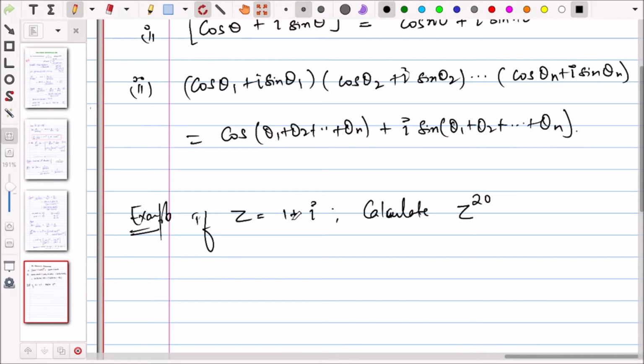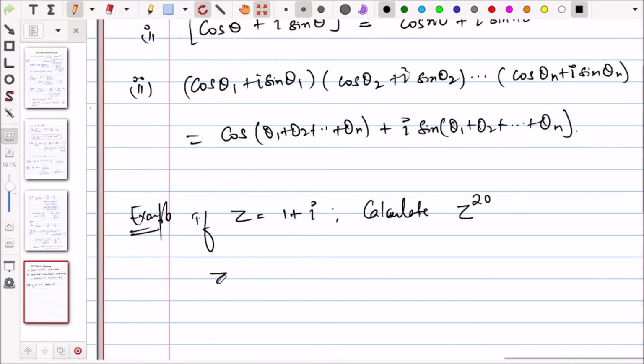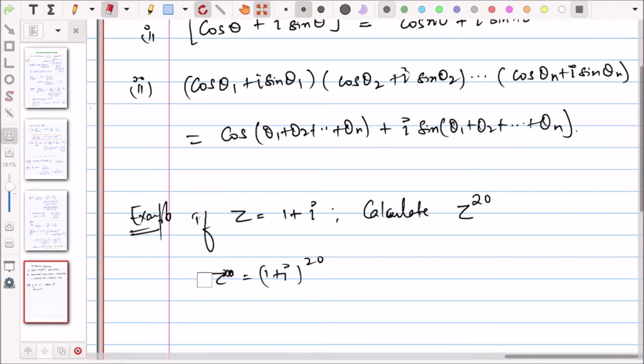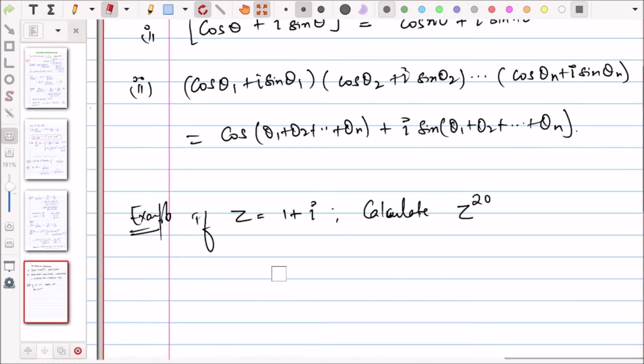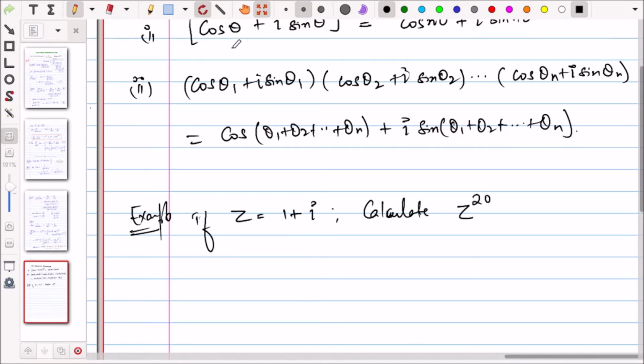Yes, you will have to use the binomial theorem: z to the power n is equal to (1 plus i) to the power 20, and then expand it binomially and simplify it for all the i's. But there is a better way to do this. What we do is we convert this into this form.